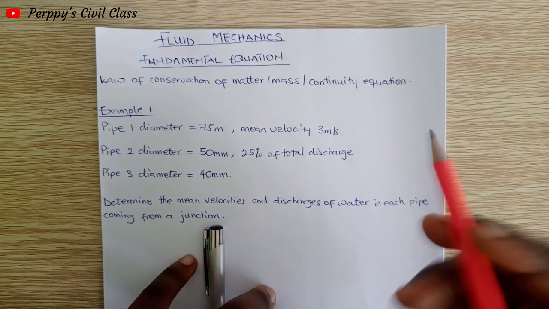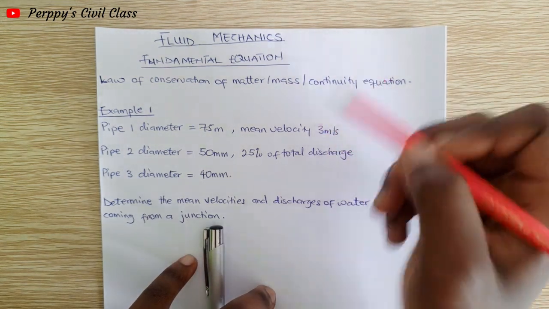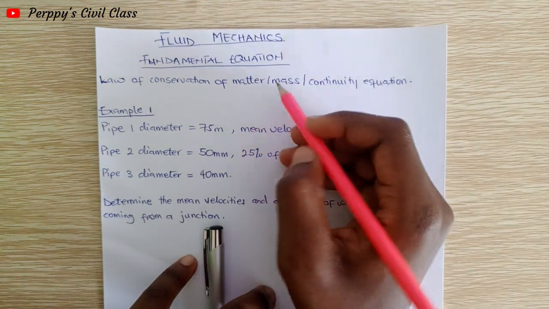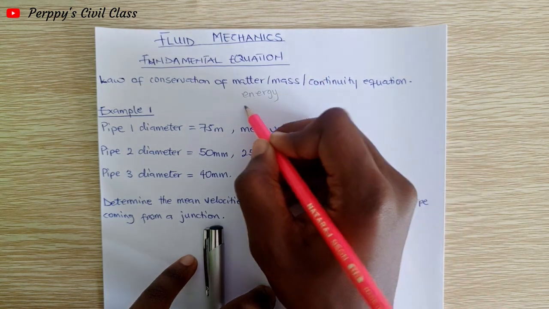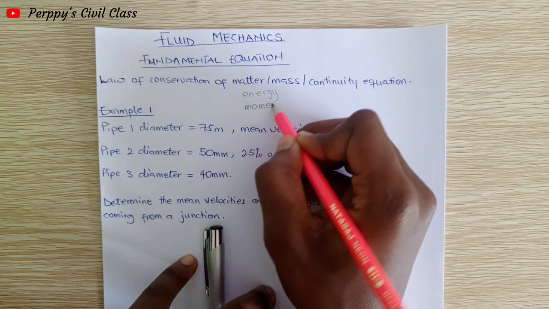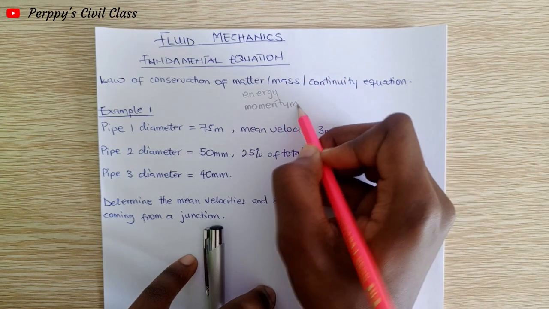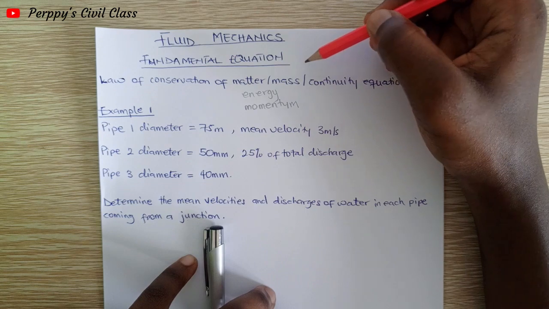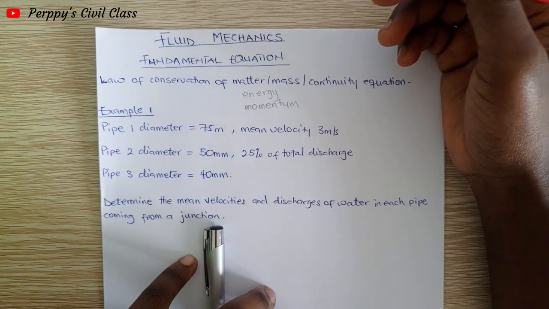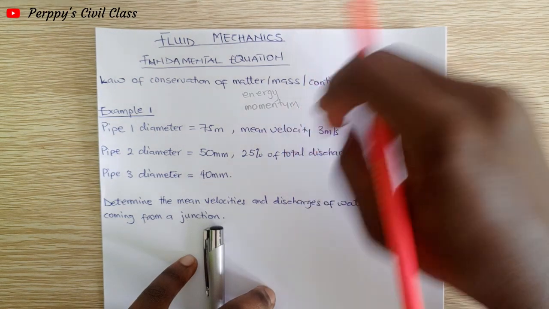The fundamental equations of fluid mechanics are the law of conservation of matter, the law of conservation of energy, and the law of conservation of momentum. Today we are looking at the law of conservation of matter.